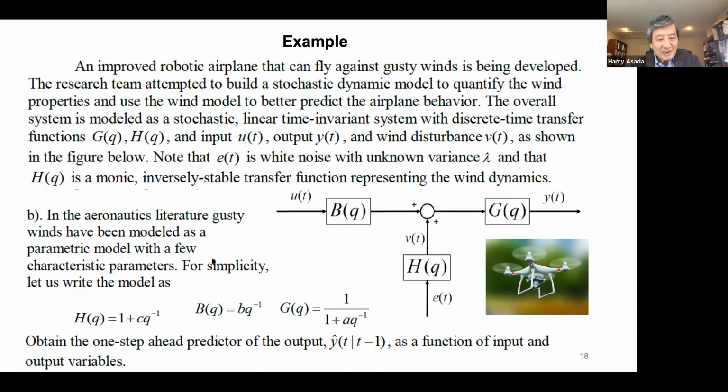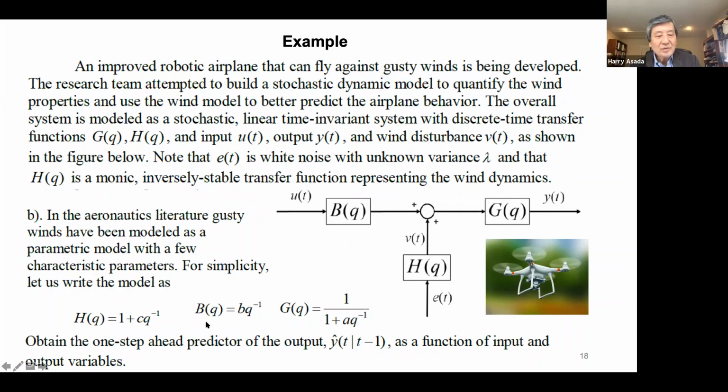Okay, so let me just start with a very, very simple one. This one is, in a sense, a toy problem, but it works pretty well. H(q) equals 1 plus c q inverse, okay? And then we assume that the forward path is B(q) minus 1, and then this G(q) is 1 over 1 plus a q inverse, okay?